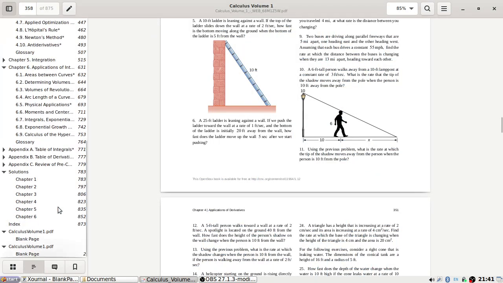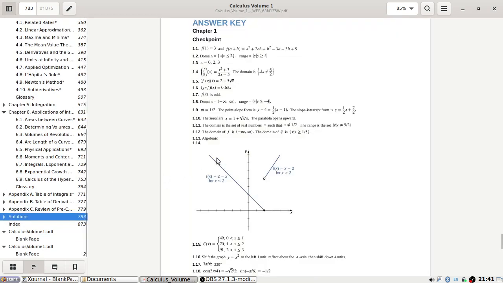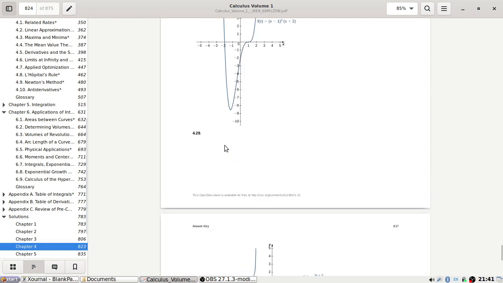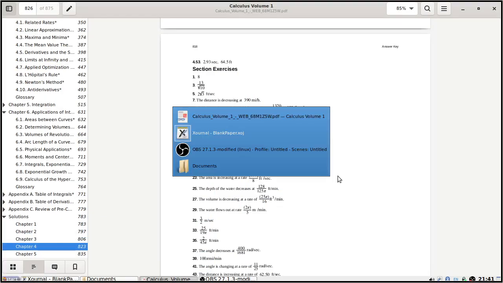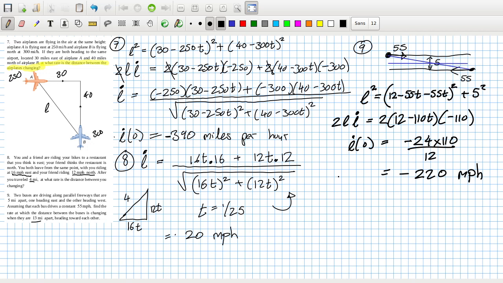Let's find out. Maybe the diagonal wasn't 13 then.